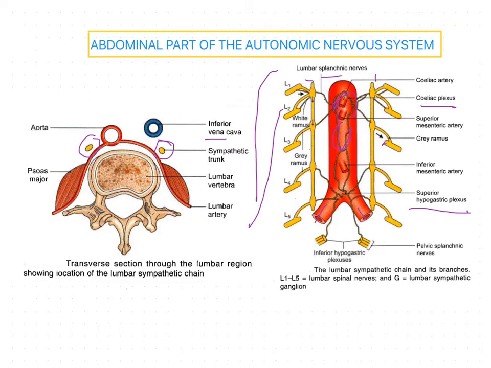Okay, so what happens? The lower 2 join the superior hypogastric plexus here. The upper 2 medial lumbar splanchnic nerves join with the celiac plexus as well as the aortic plexus, and the lower 2 join to form the superior hypogastric plexus.